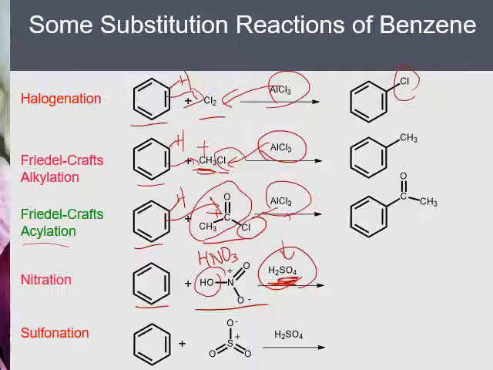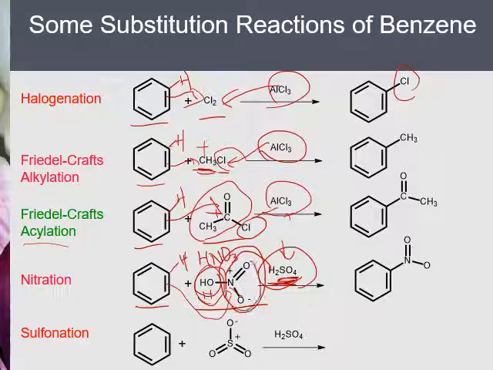It will protonate this one, and then water leaves. So you get this NO2 positive charge, and then the pi bond attacks here, followed by elimination. So the net effect is the hydrogen replaced by NO2. So that's nitrobenzene. The reaction is called nitration.